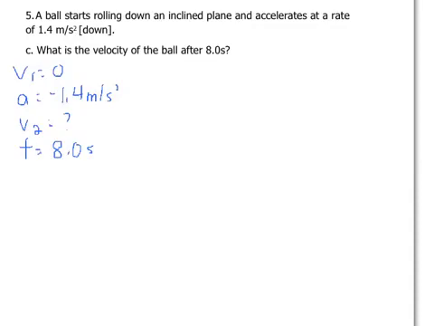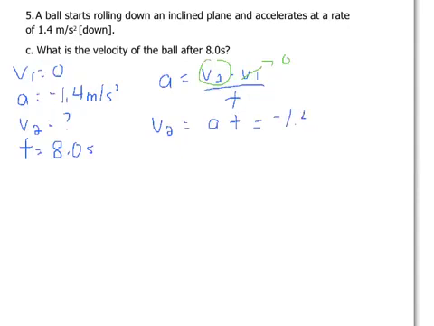Looking at our kinematics equations, we know we'll need to use acceleration equals v2 minus v1 divided by t. We're looking for v2, and our v1 is 0. So then to solve for v2, v2 is acceleration multiplied by time, which is negative 1.4 meters per second squared times 8 seconds.